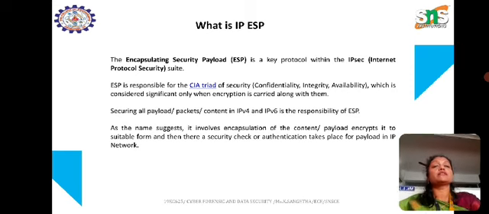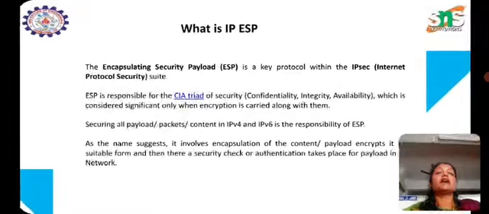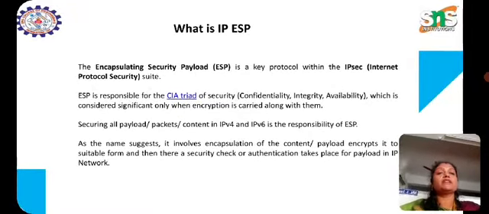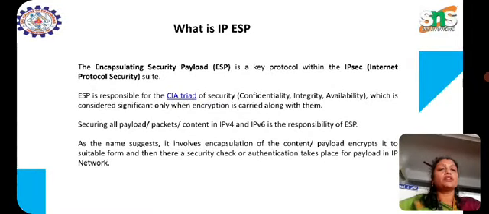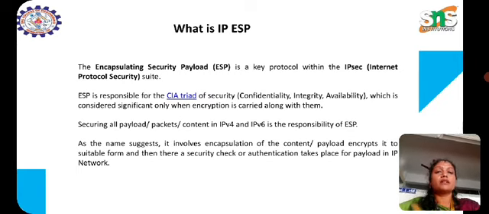ESP is responsible for the CIA triad of security. CIA means confidentiality, integrity and authentication, or availability, which is considered significant only when encryption is carried along with them. Securing all payload, packets or content in IPv4 and IPv6 is the responsibility of ESP.